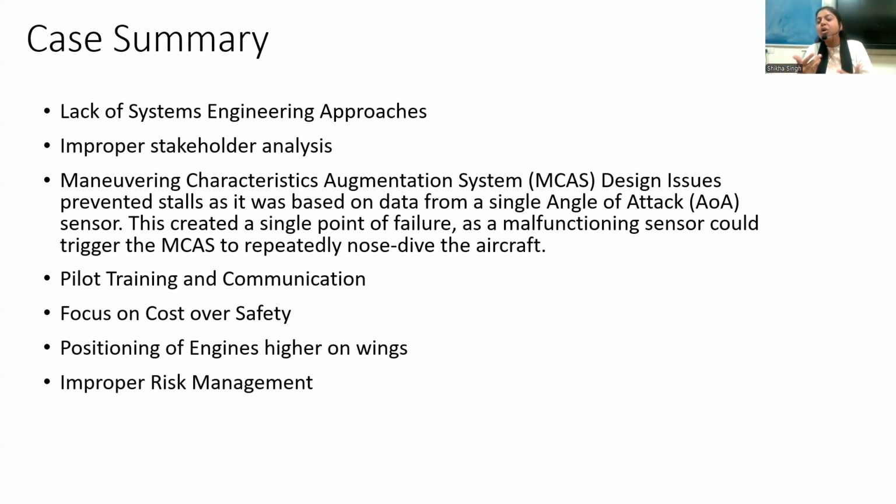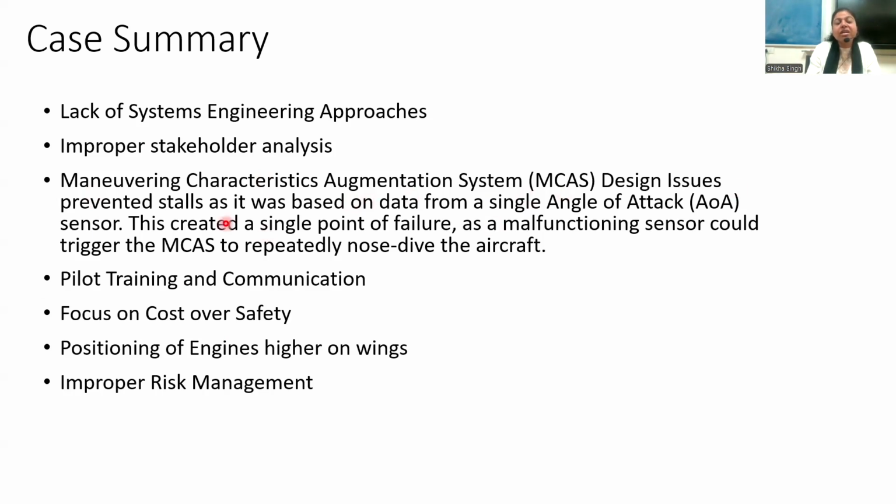What do we do in model based systems engineering? We always try to bring out the connections in such a way that practical things are coming up into our designs as well. And we try to make the things logically right. Here, the major issue was the maneuvering characteristics augmentation system.